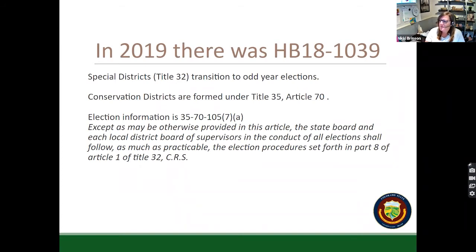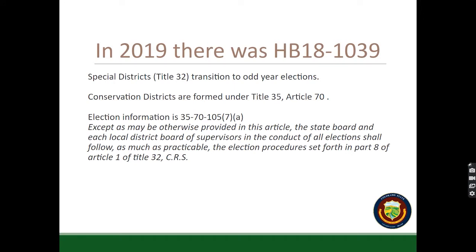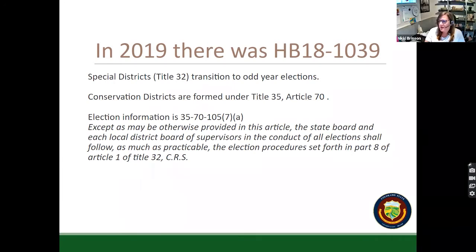It was thought that the best way for conservation districts to continue practicing quality election codes would be to switch to the odd year elections with the special districts. And that way you have DOLA putting together election calendars for you. There's training, there's more support in the election process and procedures throughout the election cycle.